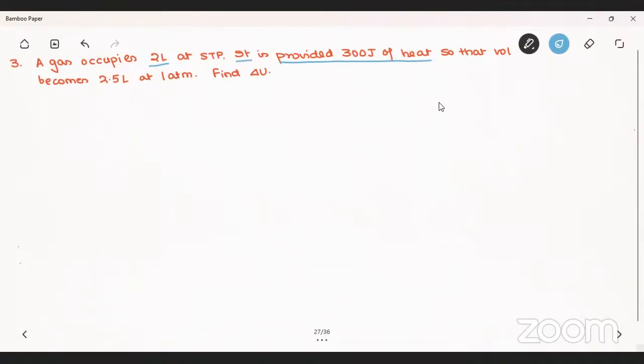It means system. What is our system? This gas. So our system is being provided something. Something is given to the system, which means heat absorbed by the system.